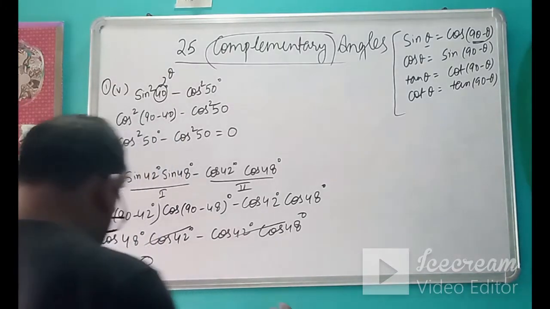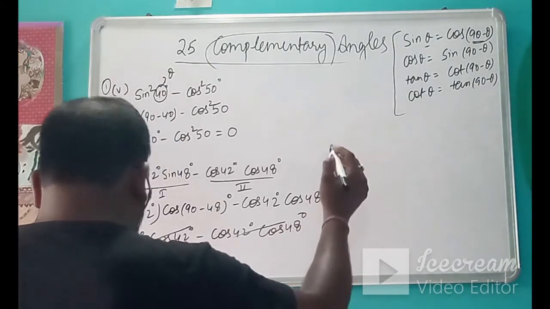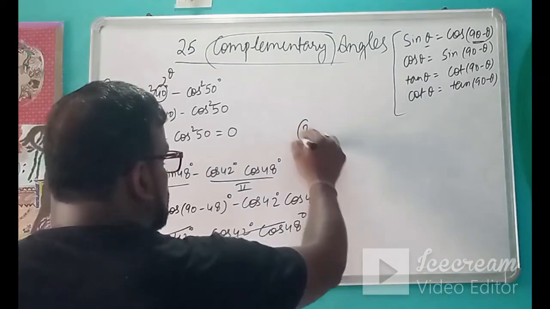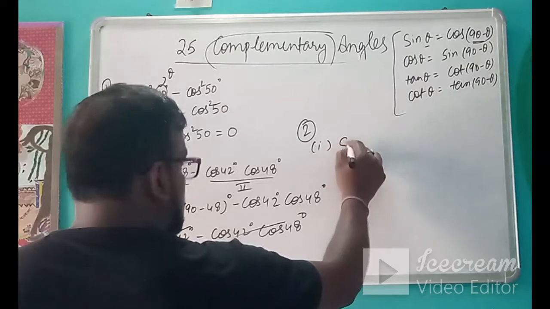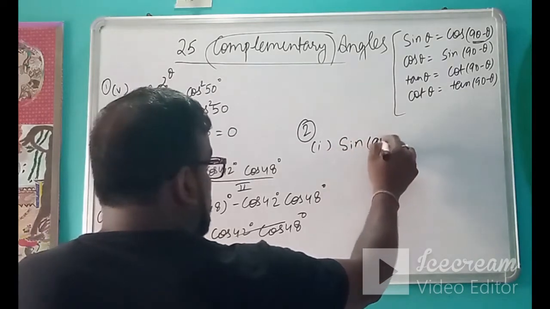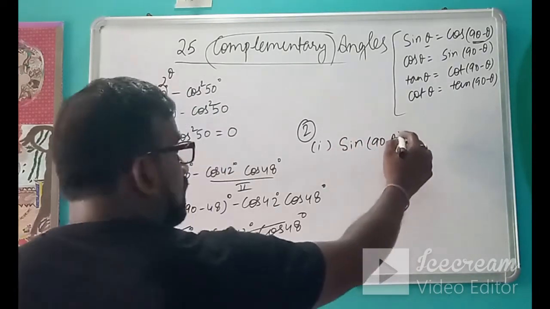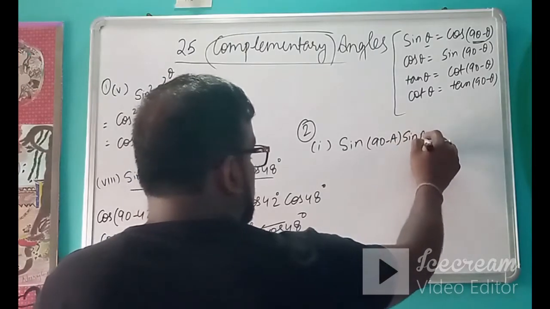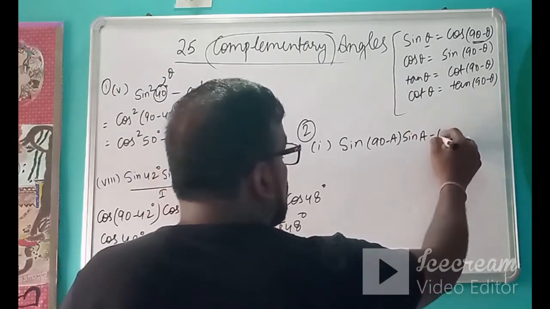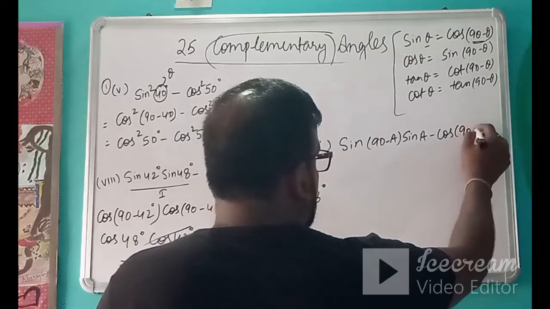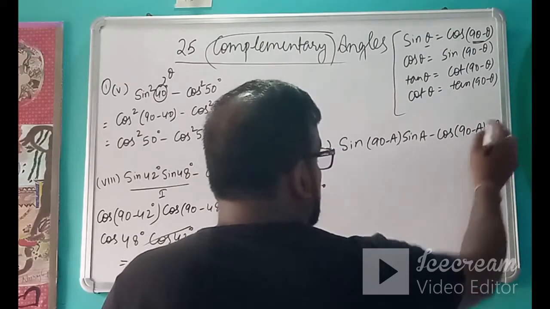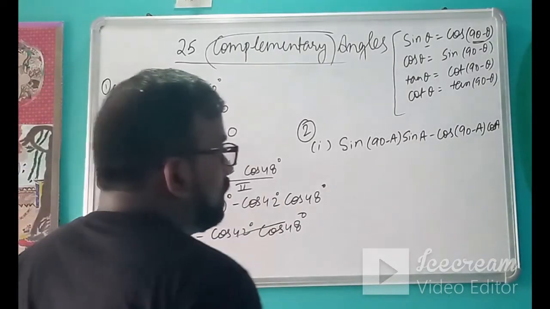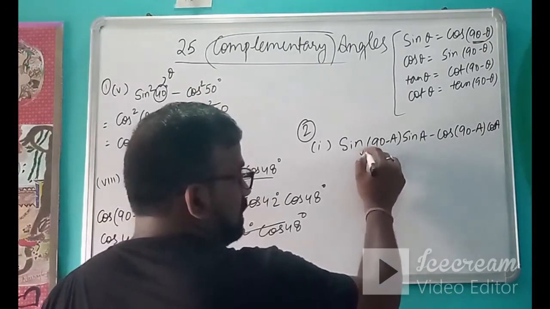Okay, so let's see one more part. Suppose a question is given like sin 90 minus a into sin a minus cos 90 minus a into cos a. So what is sin 90 minus a?